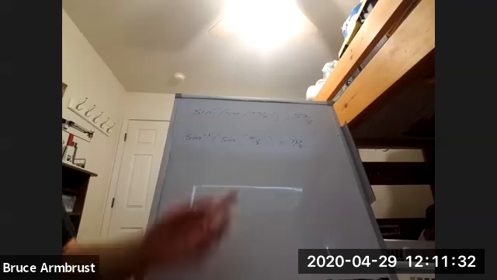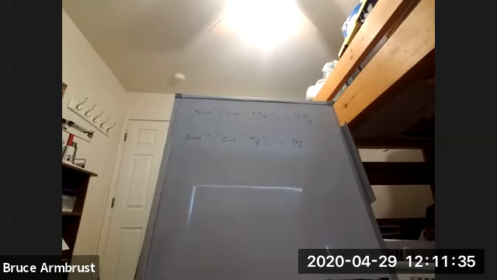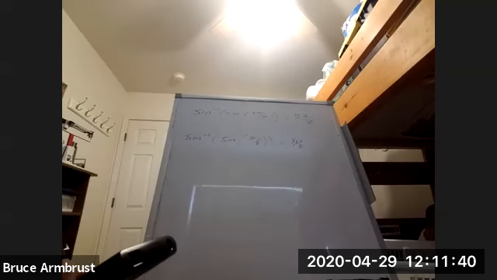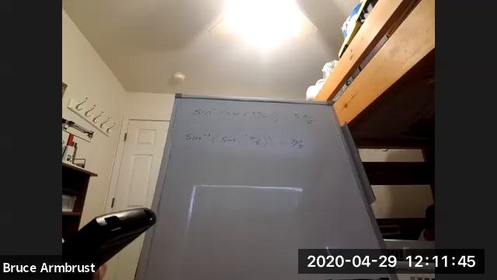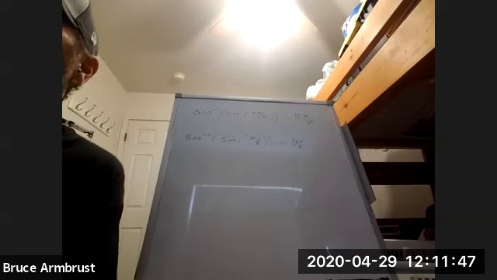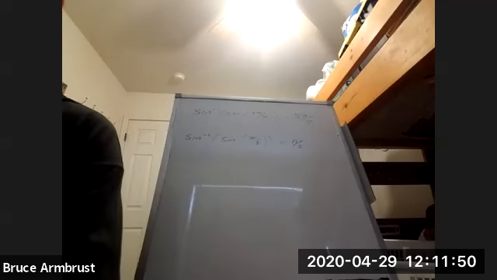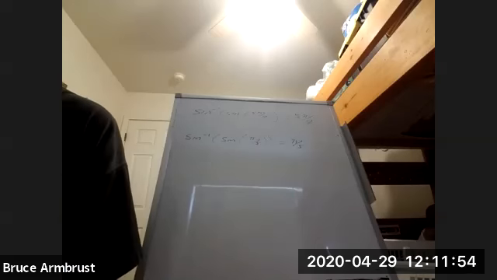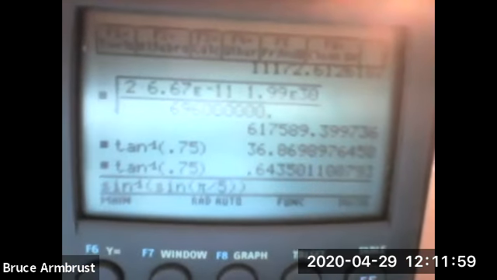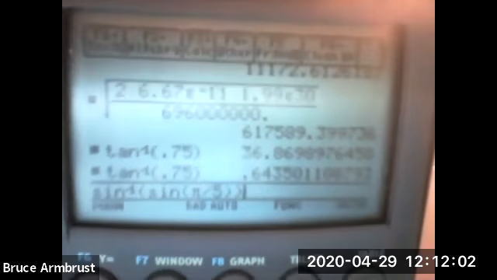All right, let's do this on your calculator. Do the second one first: sine inverse of sine of pi over 5. I don't know if you can read it on my screen, the glare is a little rough, but I'm doing the inverse sine of sine of pi over 5.